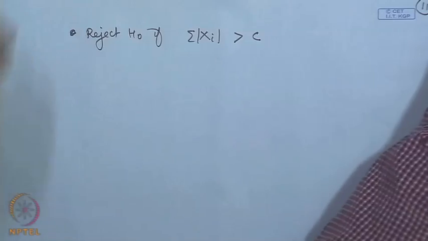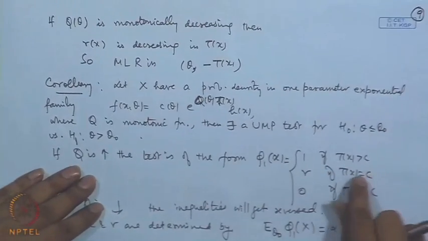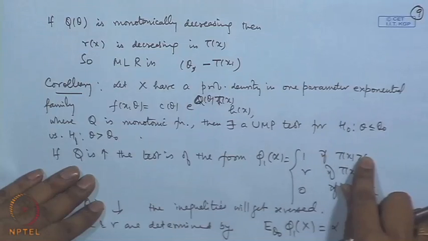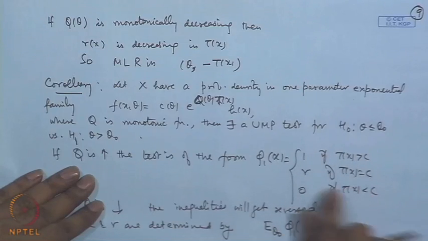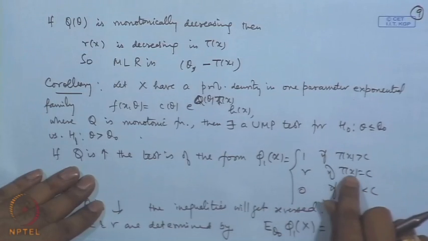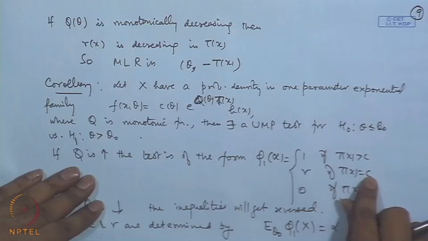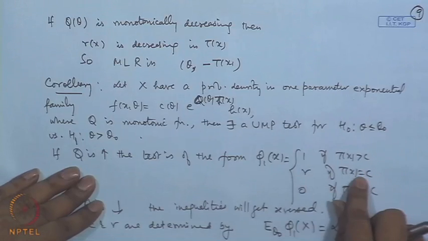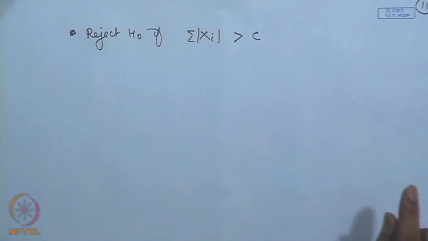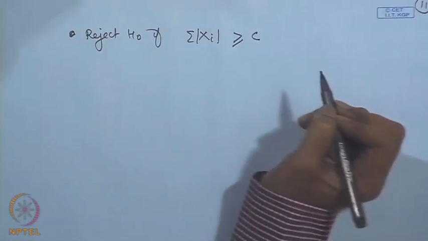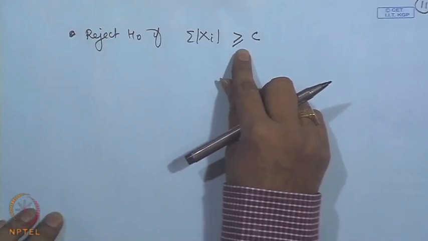Now, note here that we are dealing with continuous distributions. So, I have written this part only; this part will be the rejection region, and the rest the acceptance region. Now, sigma modulus x i equal to C, we need not write this portion here because this will have probability 0. So, without loss of generality I am including the equality here.